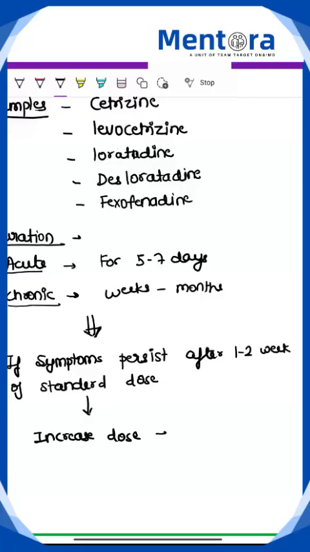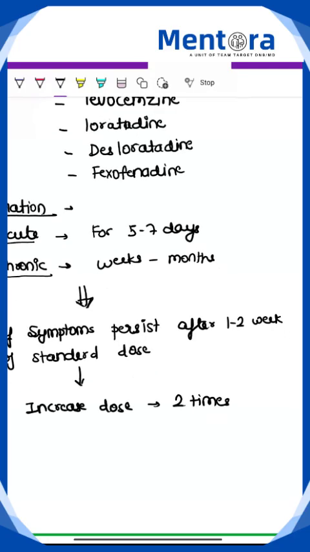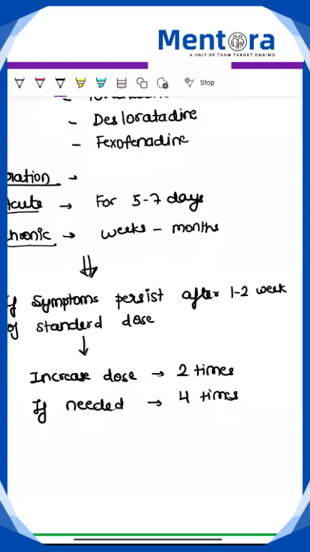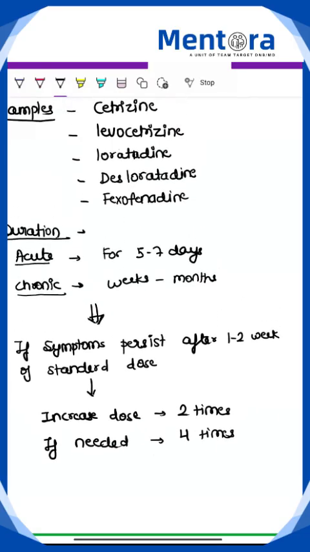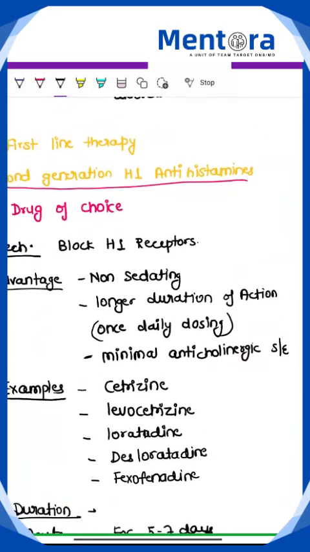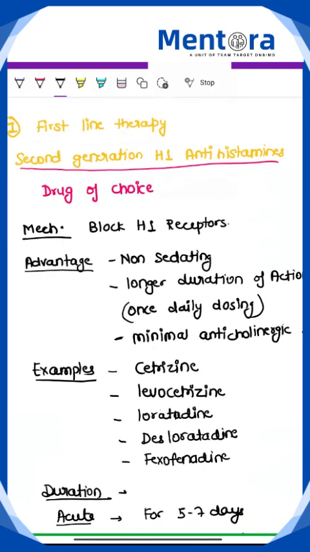Increase the dose 2 times. If needed, we can increase the dose 4 times. Because these second generation H1 antihistamines have minimum CNS penetration, these are the drug of choice, and it is first line therapy.